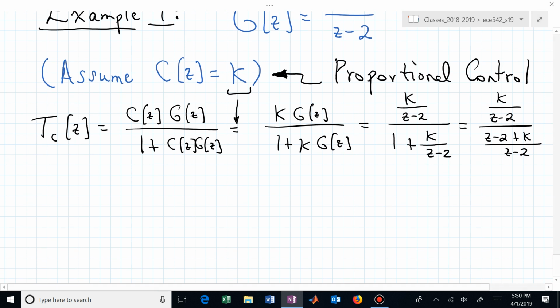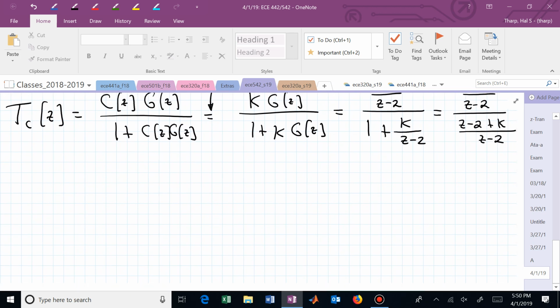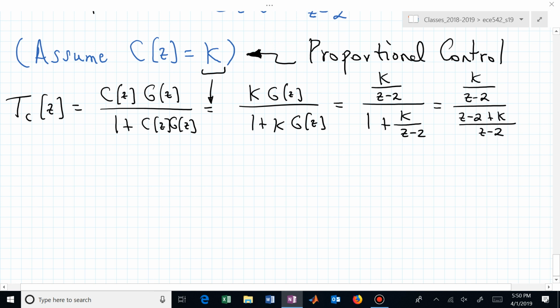And we can multiply by 1, which is z minus 2 over z minus 2, or we can just cancel the denominators in the numerator and denominator, and we're left now with t sub c of z equaling k over z minus 2 plus k. Everyone comfortable with that?